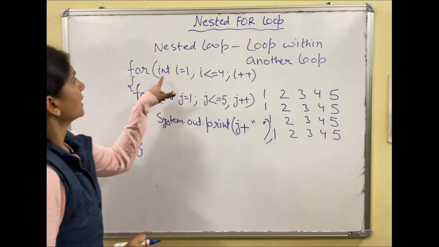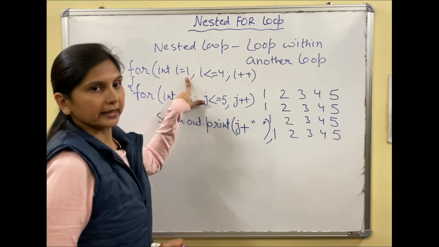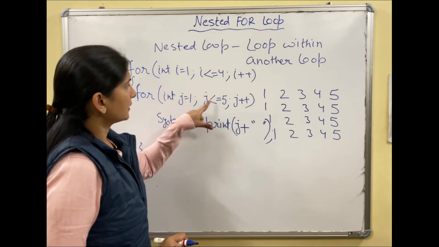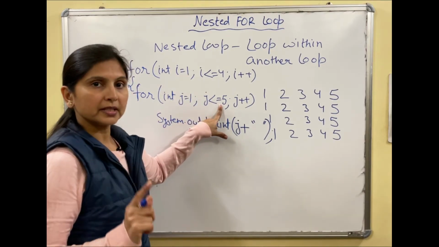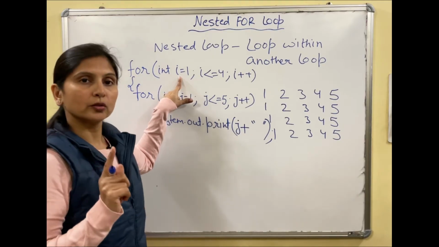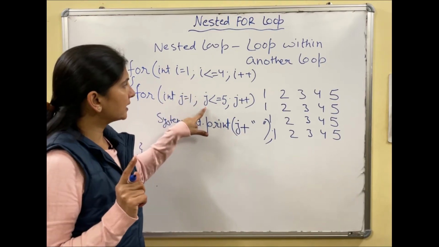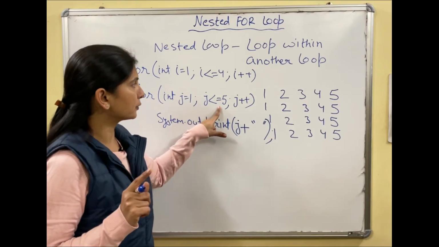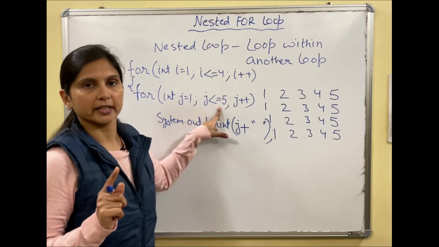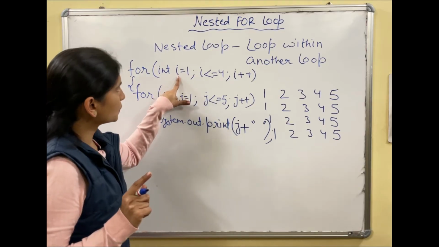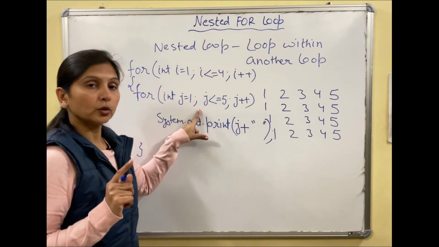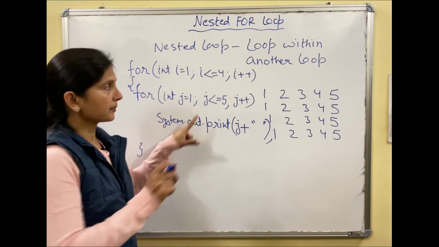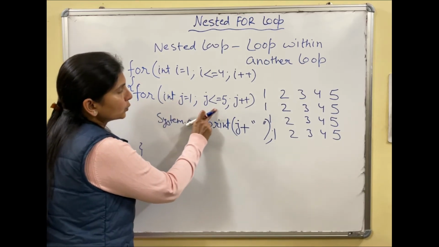Now see, if i equals 1, then j equals 1 to 5. It means for each iteration of the outer loop, the inner loop will run completely, or the inner loop will run for the specified number of times. When i equals 1, the inner loop will run 5 times. j will run 1, 2, 3, 4, 5.